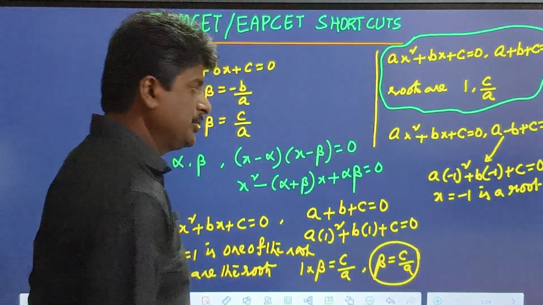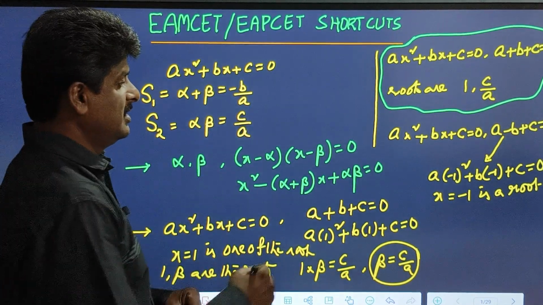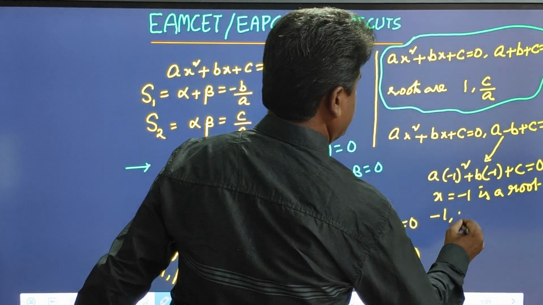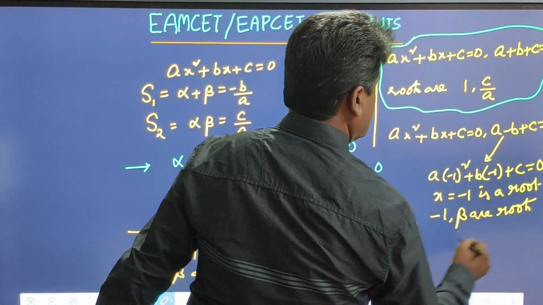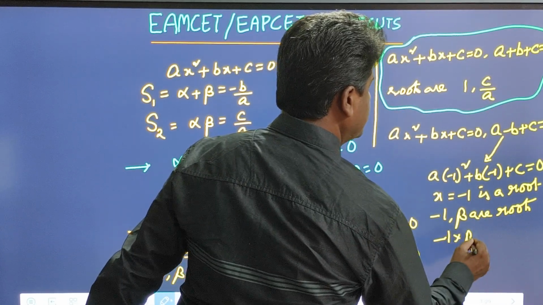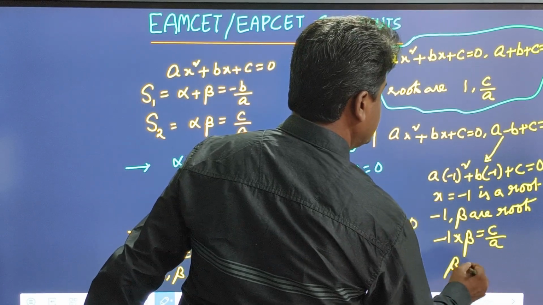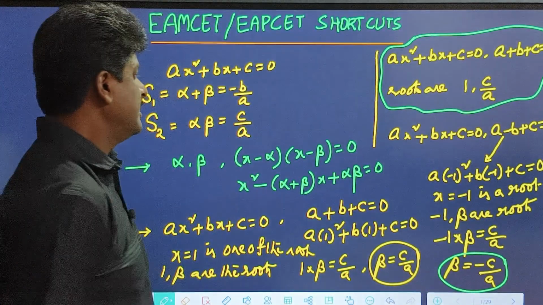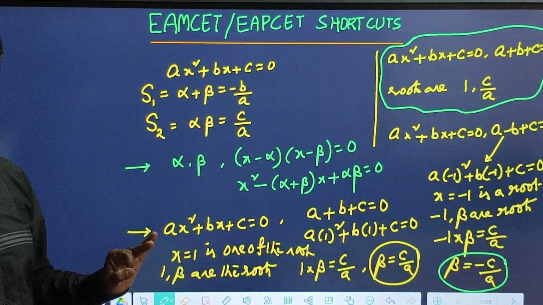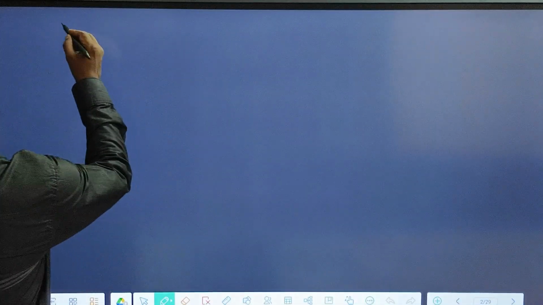This is one of the roots, and let us assume the other root be beta. That's why minus 1 comma beta are roots. So minus 1 into beta will be the product of the roots, that is c by a. Beta is equal to minus c by a.